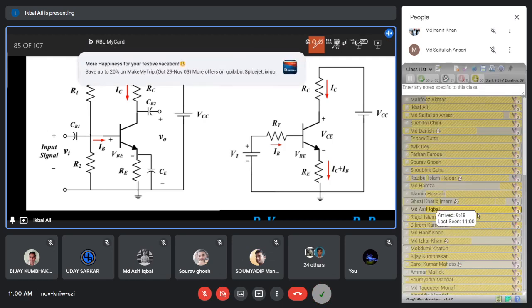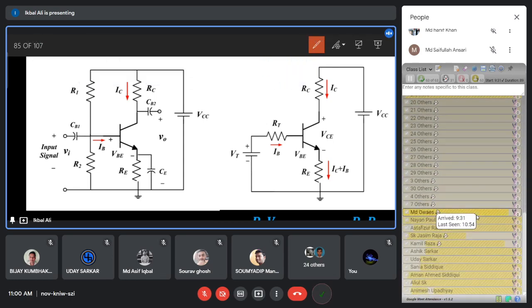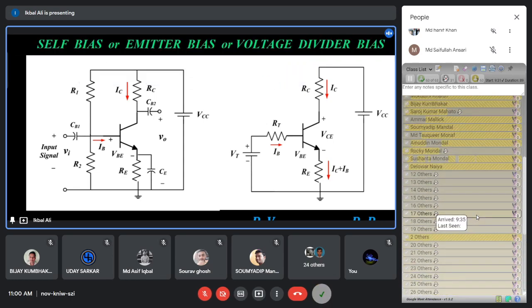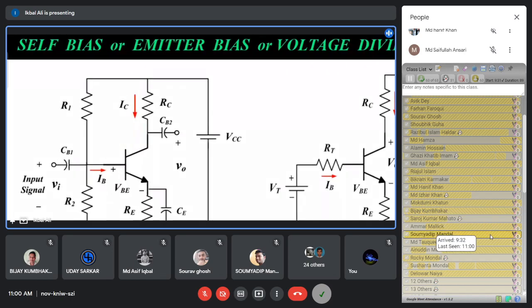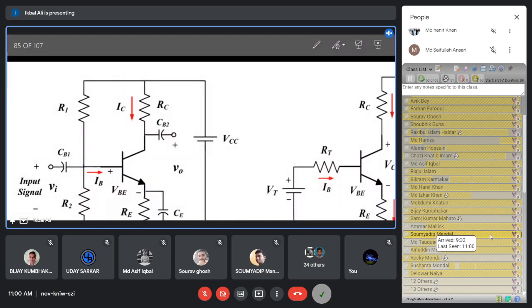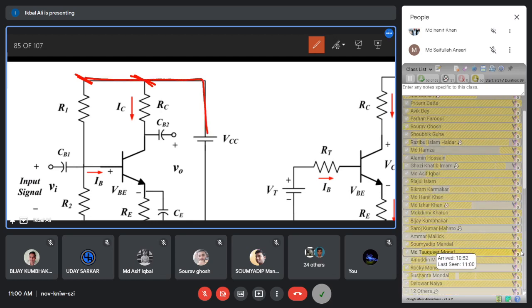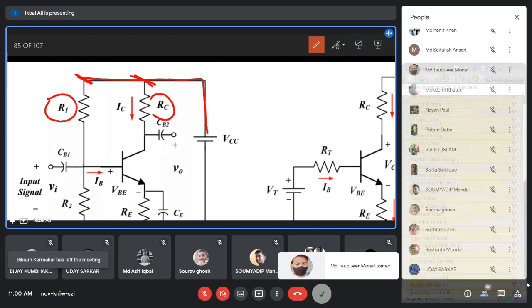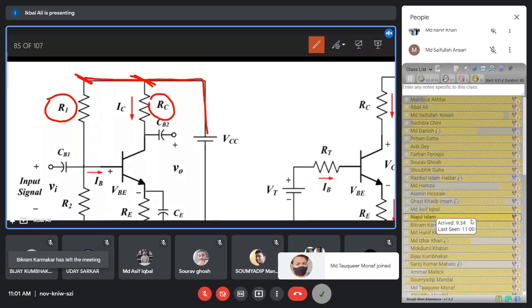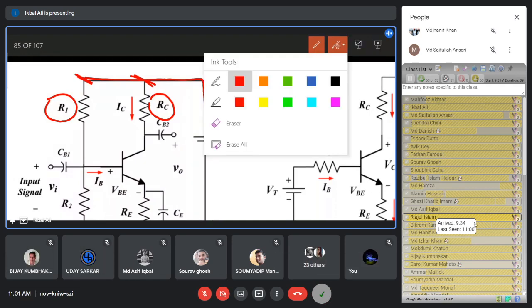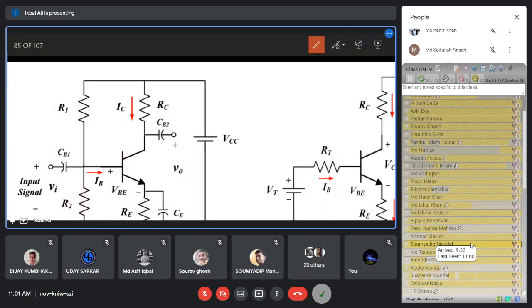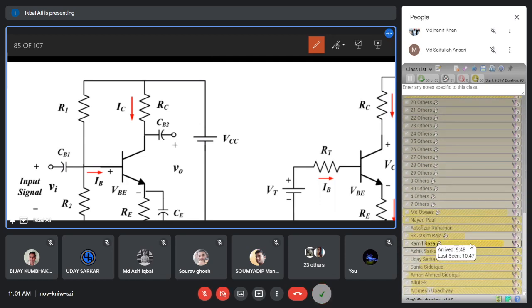Now this circuit you can modify slightly. If you see the circuit construction, R1 and RC are connected to the VCC in parallel, is it not? So to make you understand clearly, we can connect these two resistances to two VCC sources.